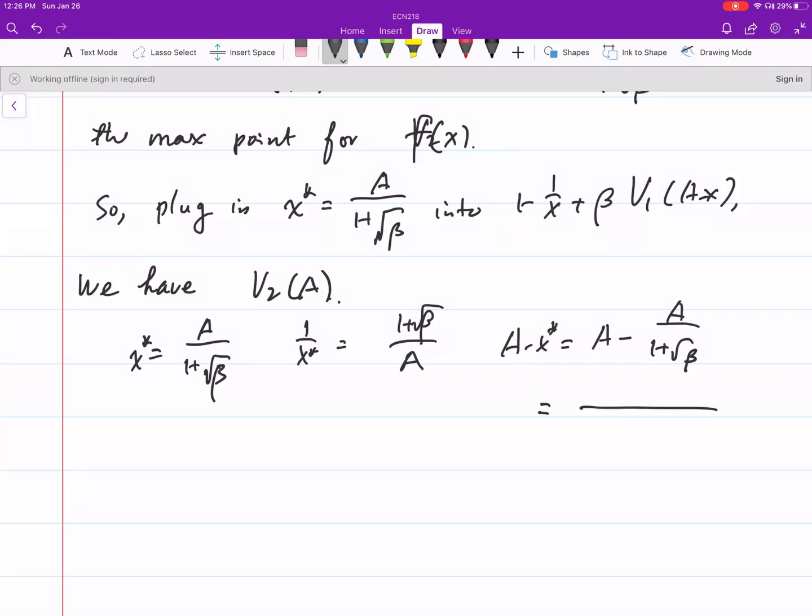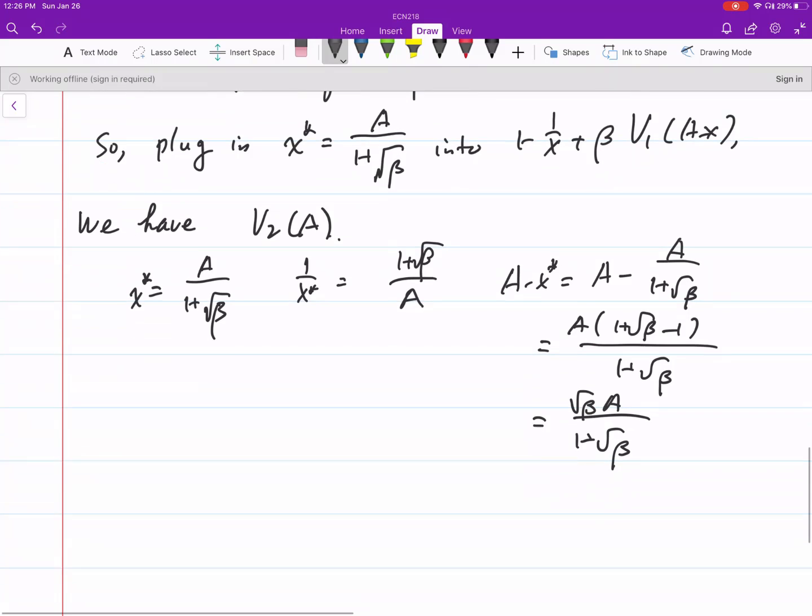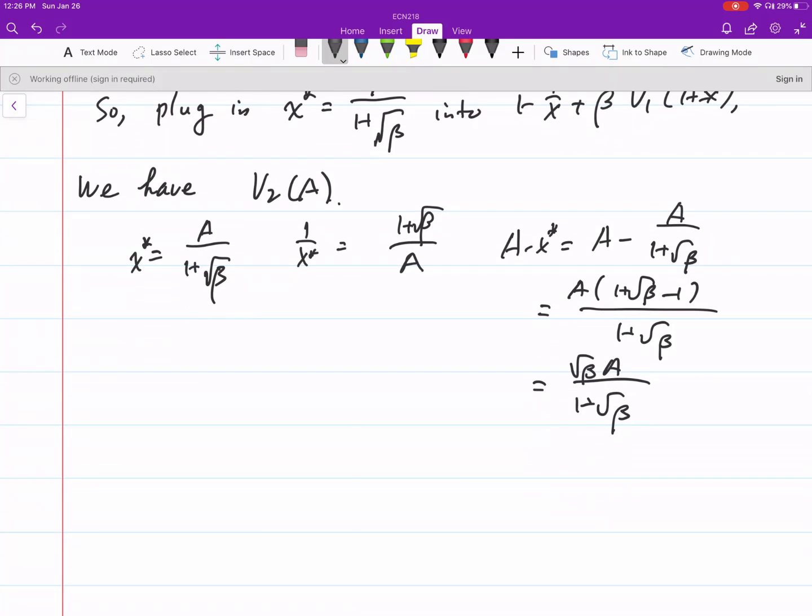If we use the common denominator and factor a out, we're going to have 1 plus root beta minus 1. So we have root beta a over 1 plus root beta. So all these details we need to go through.